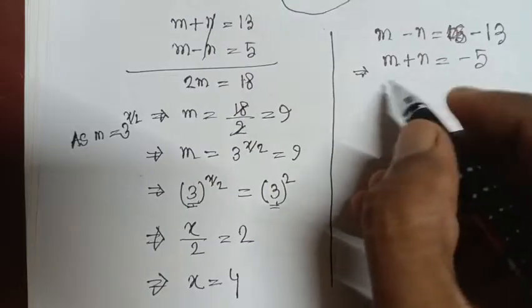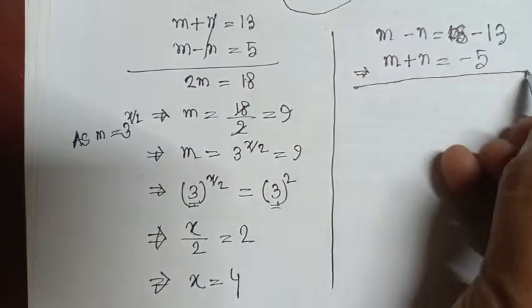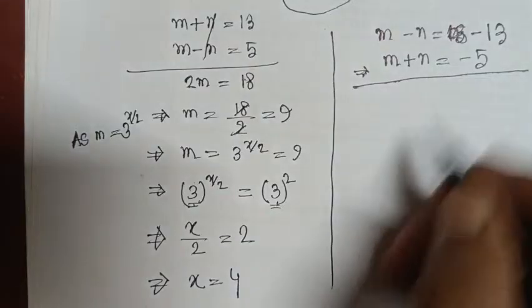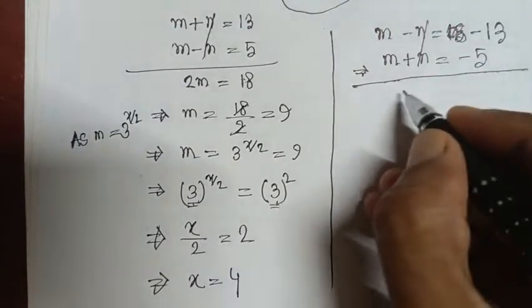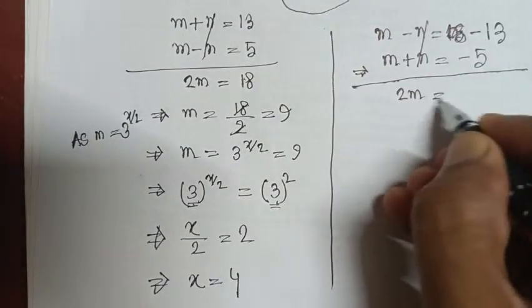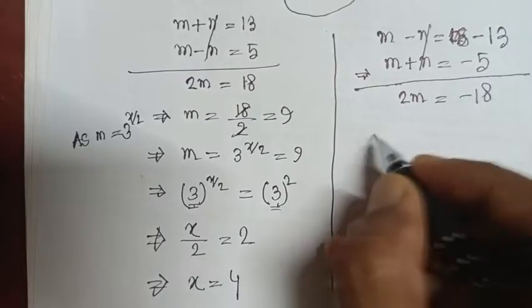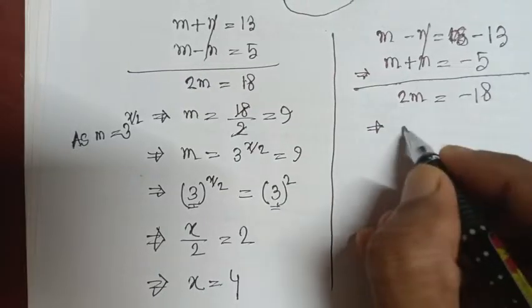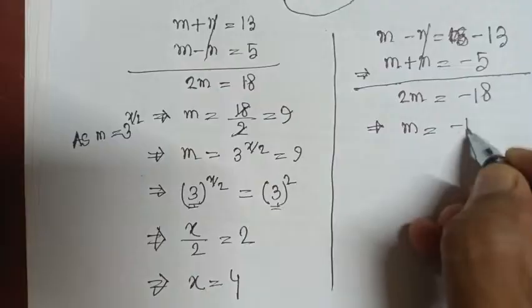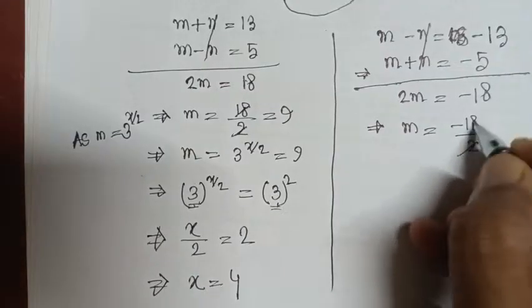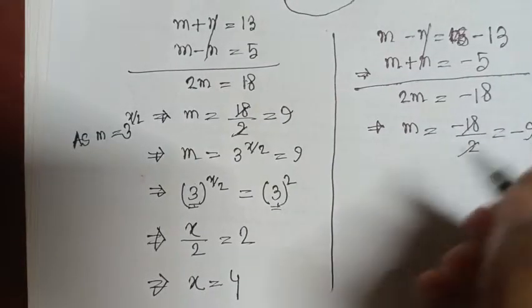If we do that, then we are going to just add them. So after adding them, we are getting twice m equal to minus 18 and m equals minus 18 by 2, cancel out, equal to minus 9.